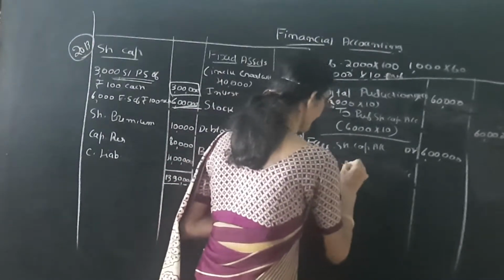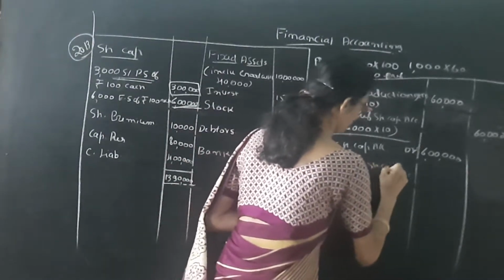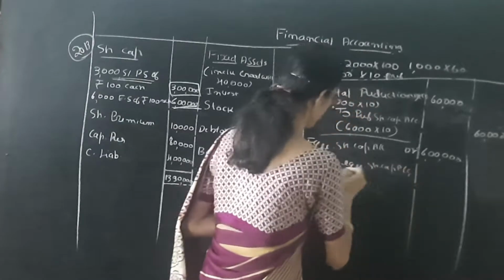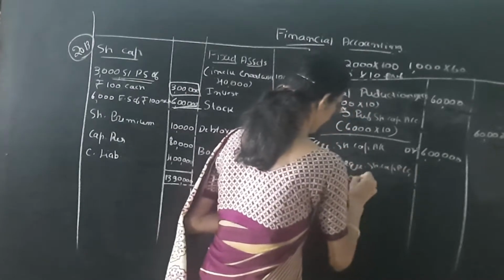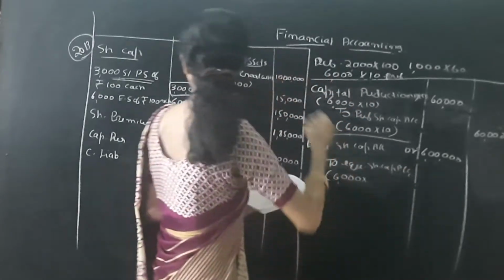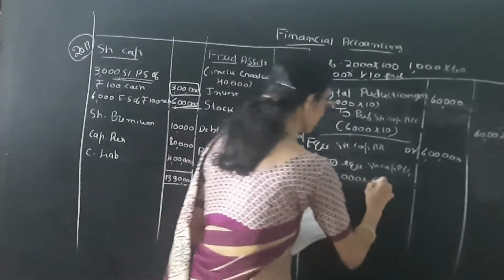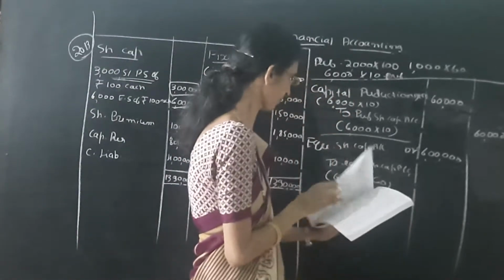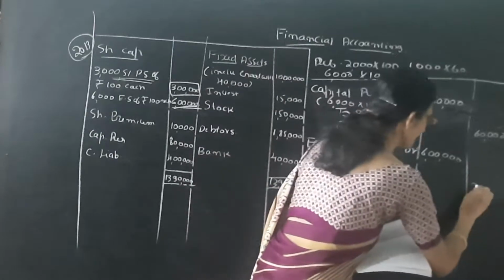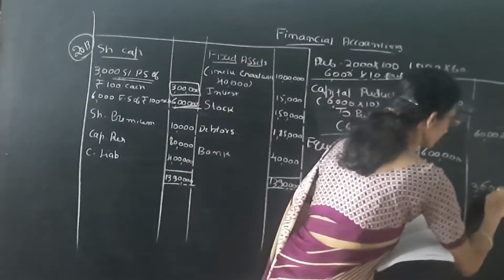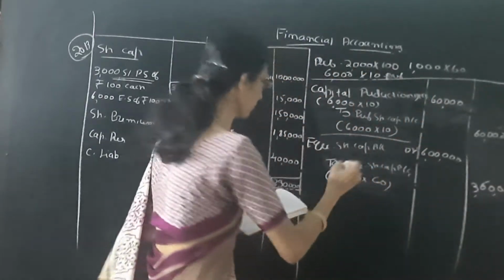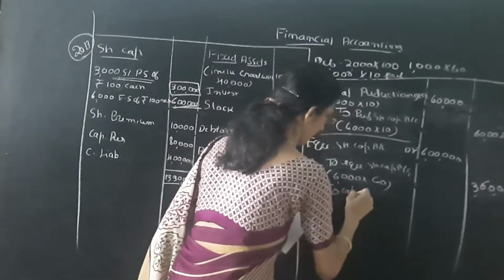So to equity share capital account, the number of shares is 6000, reduced to 60 rupees, that is 3 lakh 60,000. The remaining balance should be transferred to capital reduction account.